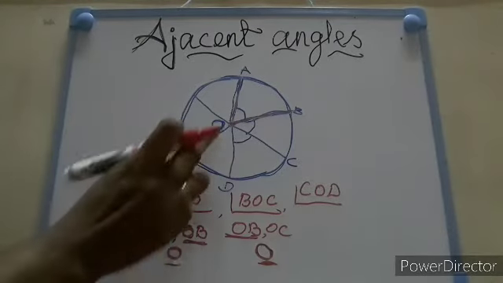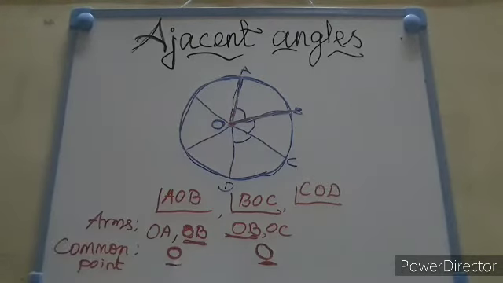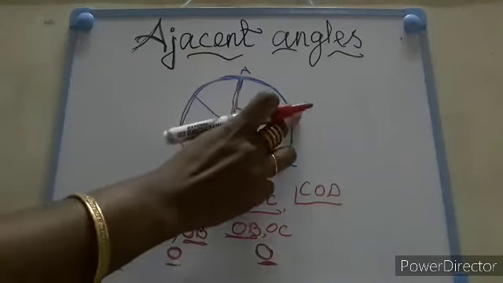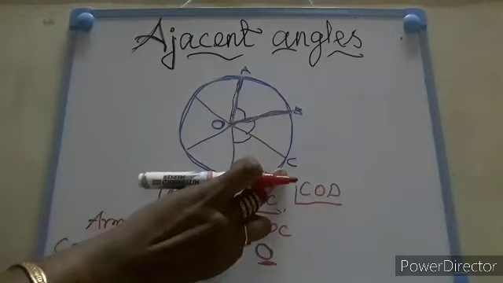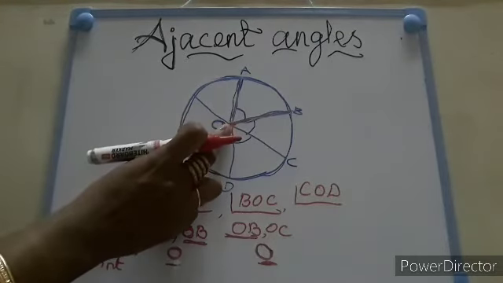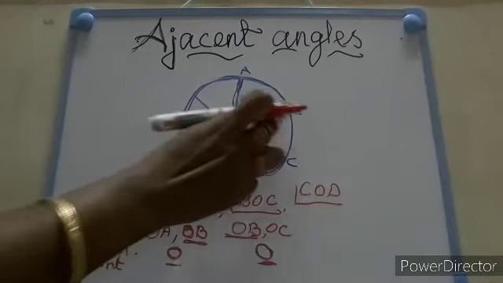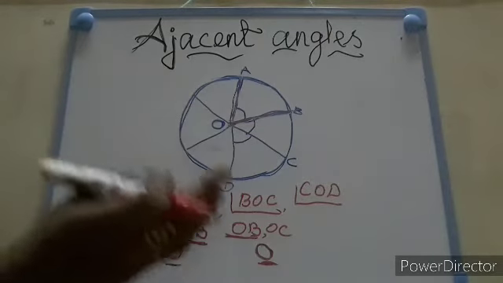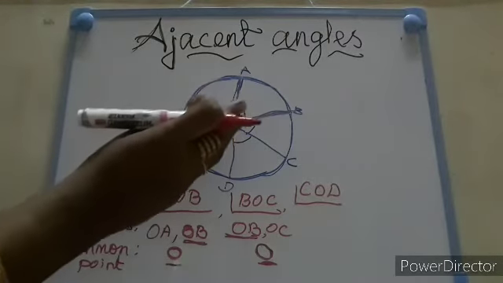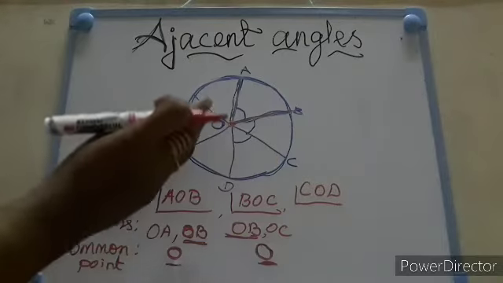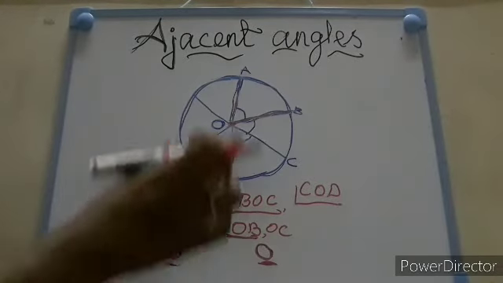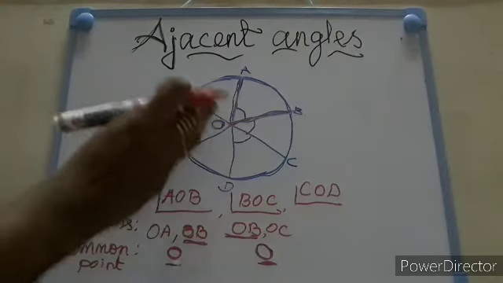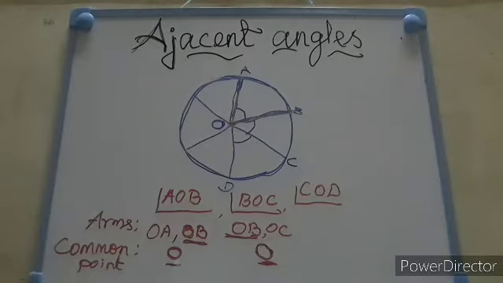Yes, O is the common point. Understood? So AOB and BOC meet at the common point, and OB is the common arm for AOB as well as COB, right? Is it clear? That's why we are saying these two angles are adjacent.